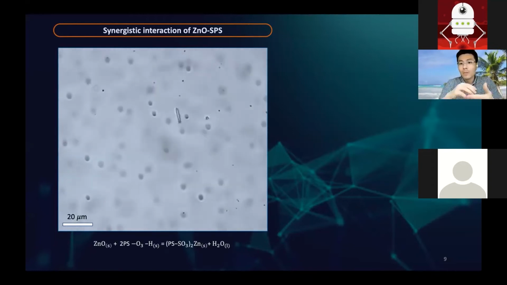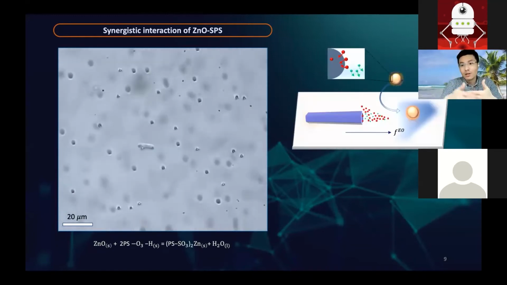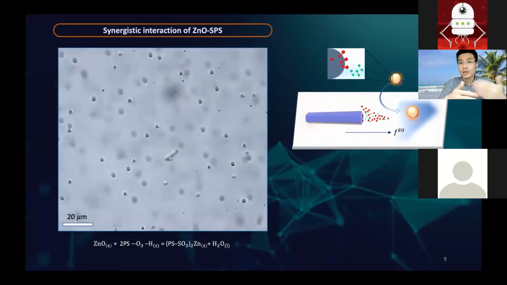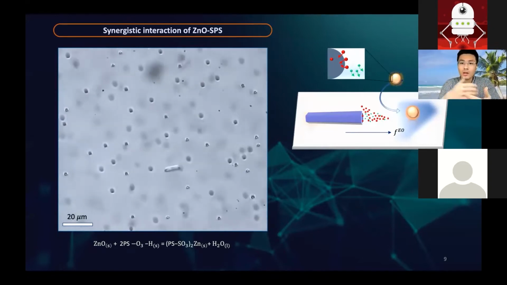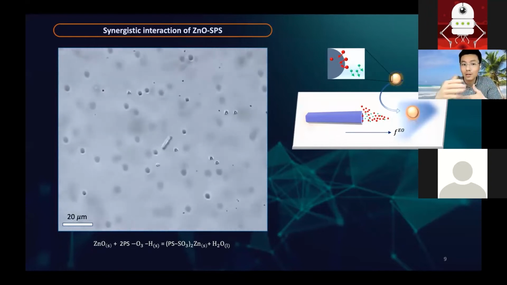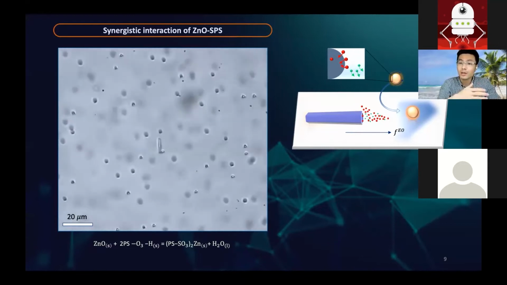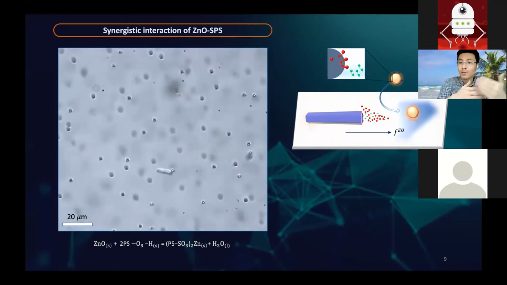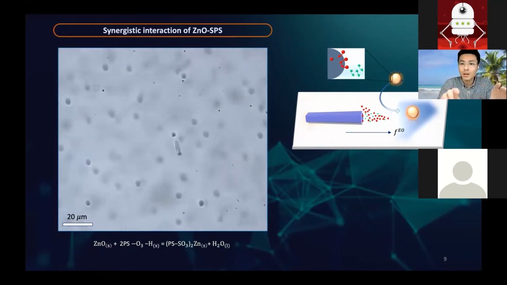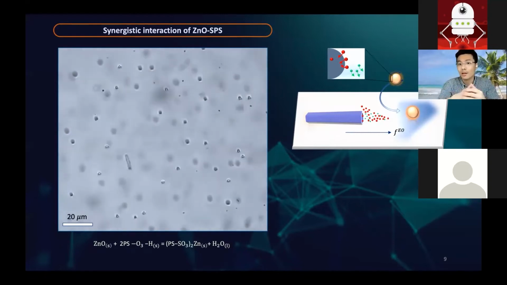During the motion of the zinc oxide rod, it releases zinc ions into the solution, which can be absorbed by the SPS particles. The SPS particles will produce protons in the solution, which will in turn be consumed by the zinc oxide rod. So this ion exchange reaction couples these two kinds of particles and enhances their reactivity and propulsion simultaneously.